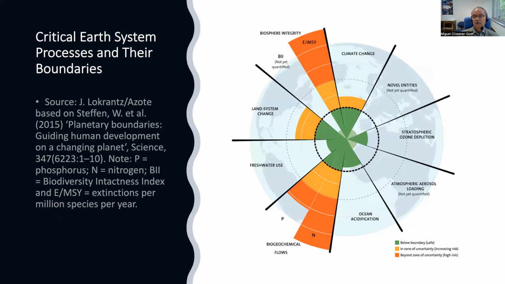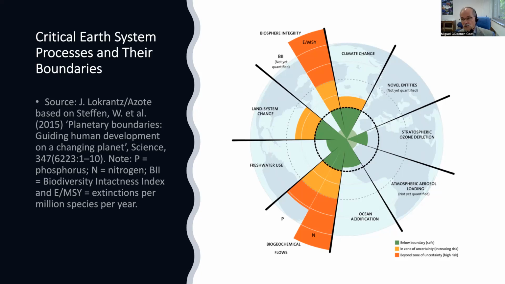It explains climate change, ozone depletion, atmospheric aerosol loading, biochemical flows, freshwater use. And so this BII, Biodiversity Intactness Index, also E/MSY, extinctions per million species per year.